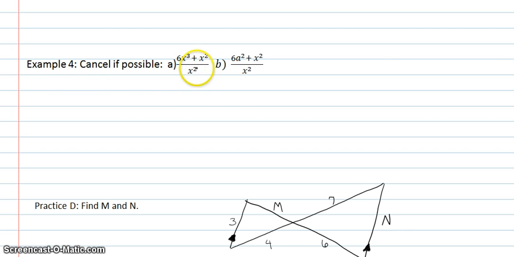And what I see is that each of these have an x squared. So I can cancel an x squared from all three of those, and for A, I'll have a 6x plus 1 that's left.